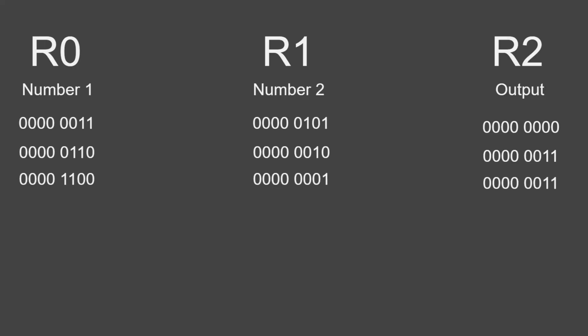We repeat the process again. We see that there's a 1 in R1, so we add the value in R0 to R2, and then we shift. Instead of this repeating 8 times, I made it so that whenever R1 is equal to 0, it stops and outputs R2. And this is exactly how my computer evaluates these formulas.